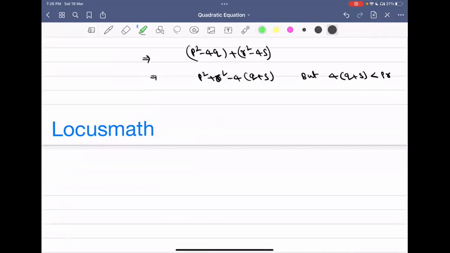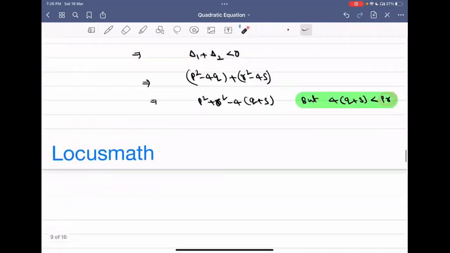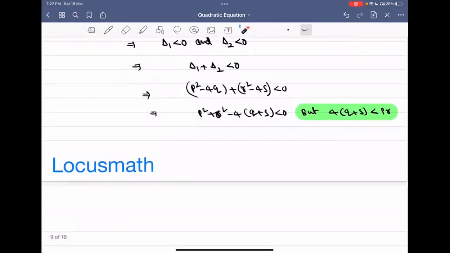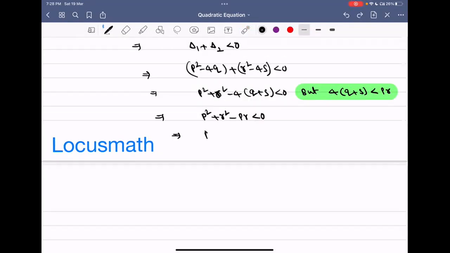So this is the given thing, that is 4 times q plus s is less than pr. So if you replace this 4 times q plus s with pr, then also this p square plus r square minus pr will be less than 0. Because we are replacing this quantity with a greater one.